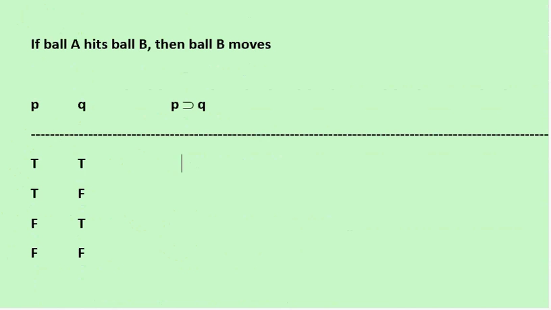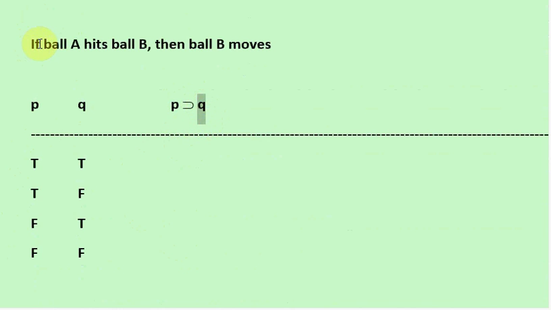If the Q is true, then ball B moves, because remember, ball A hits ball B, by the way, is the P. That's the antecedent, right? And remember, the P here on this side of the horseshoe is the antecedent, and the Q here on that side of the horseshoe is the consequent, right?